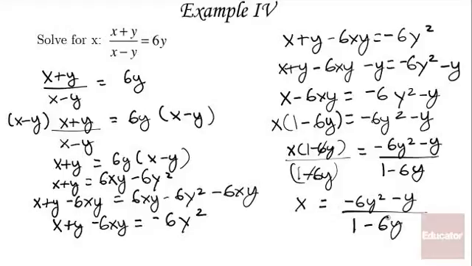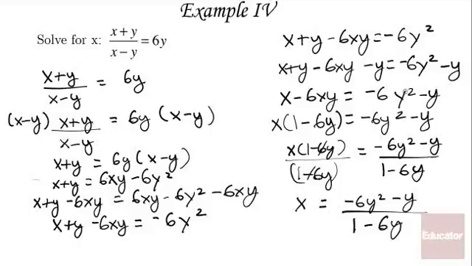So this one was pretty complicated. When you started out, you had x plus y over x minus y. And the first thing I did was move this term over to the right side and then use the distributive property to change it into this form: x plus y equals 6xy minus 6y squared. After that, I moved the last term that contained an x over to the left side, and I saw that there was a y here that could easily be moved to the other side.